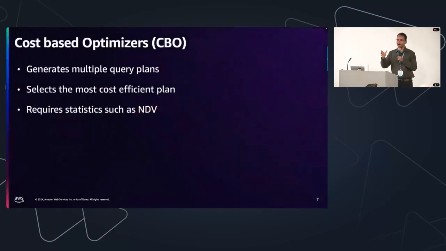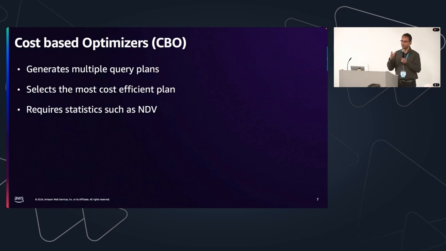Let's go a little bit deeper. I talked about the cost-based optimizer, but never really defined it. For those coming from the database side of the world, this concept has been there for a long time. You have the query, and the cost-based optimizer is an inherent part of any of these engines, which determines the best way to run this query.